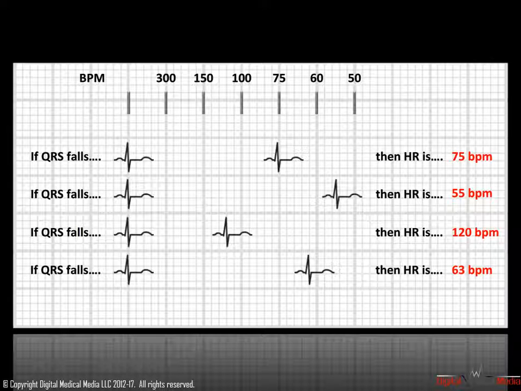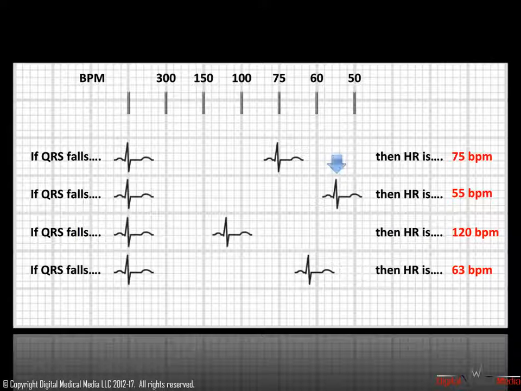If the QRS that you find on top of a large dark line begins here, then we count over 300, 150, 100, 75. The next QRS falls on this line, and therefore the heart rate is exactly 75 beats per minute. In the next example, the QRS begins here, 300, 150, 100, 75, 60, 50.